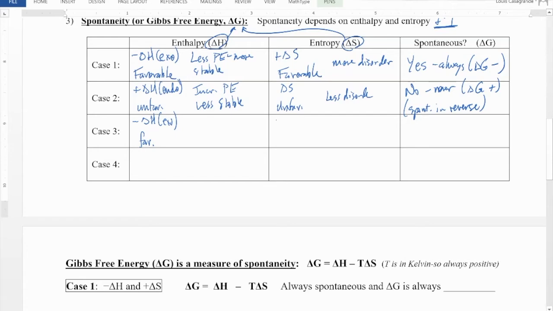And over here, that should have been a negative up there. And we're going to make a negative delta S. So this is unfavorable. So now we have one being favorable, one being unfavorable. And what it's going to turn out is it's going to depend on the temperature.